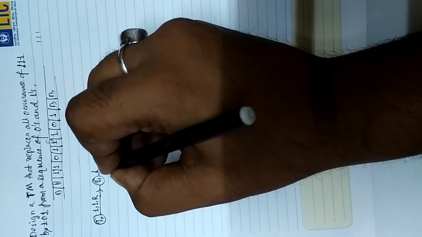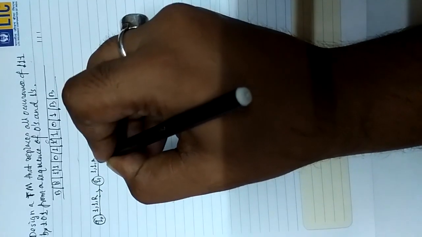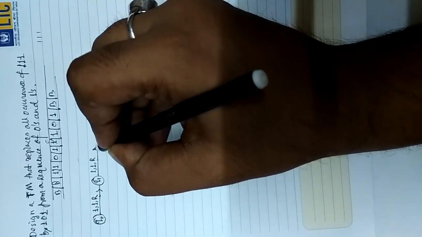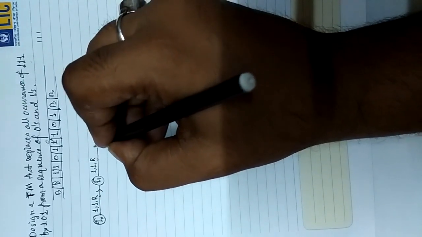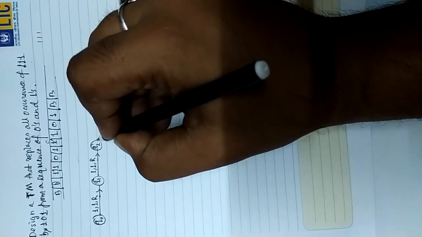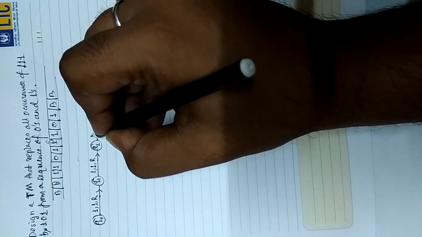Again if you read a 1, replace that 1 by 1 and move right, going to the q2 state. Then if you read the third one, replace that 1 by 1 and move towards left.